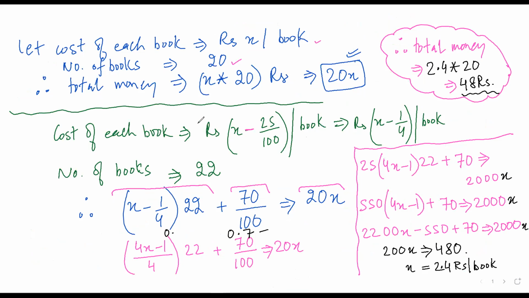Then you reduce the price. This is where you have reduced the price, but you are able to buy more books. The money that you have, this 20x is here. Then you are able to buy more books. This is the expression for that. And this is the money which is left. Satya, is it making sense? Yes, sir.